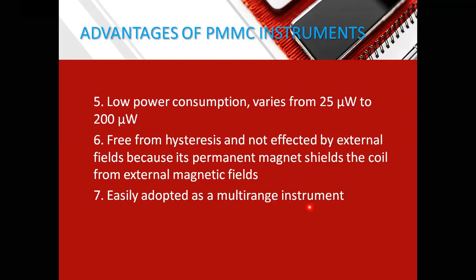Generally, any measuring instrument is sufficient with just two terminals, but for PMMC you can see there will be three or four. Like, suppose you have an ammeter with a range of 0 to 5 on a scale. Above 5, you will find some other figure like 10, and you have three terminals.